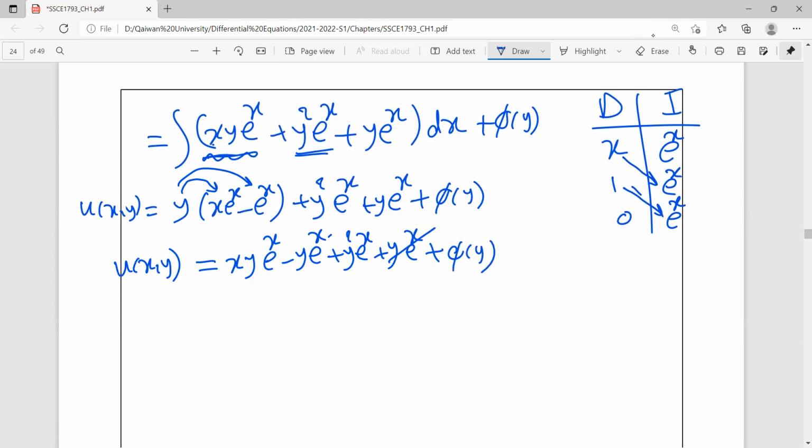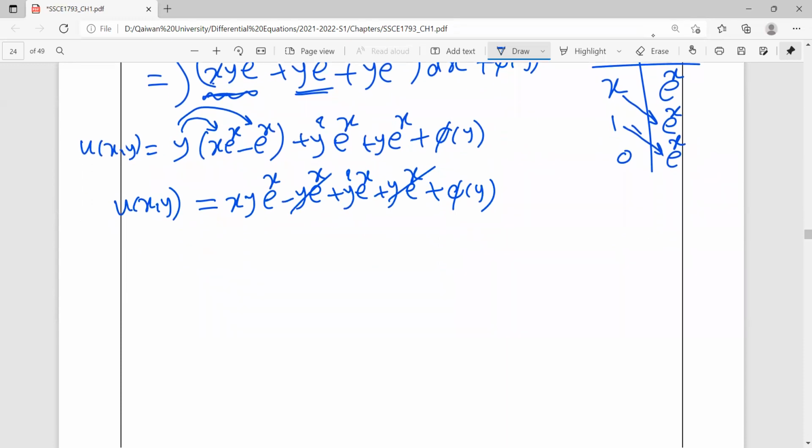Look, y e^x and minus y e^x cancel each other, and we get u of xy, which is xy e to the power x plus y squared e^x plus phi of y. This is u of xy.